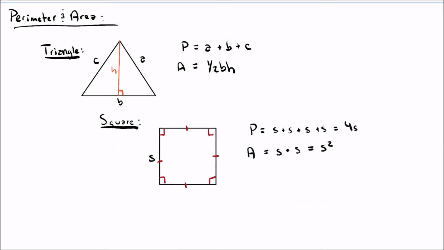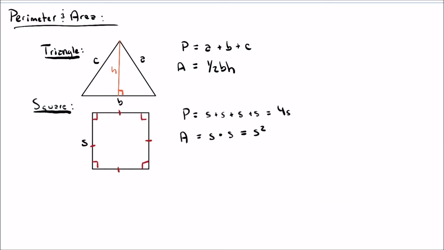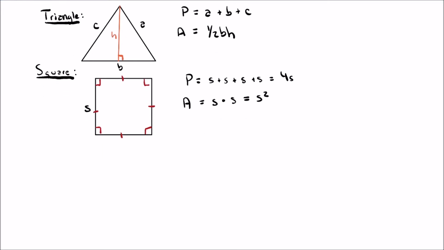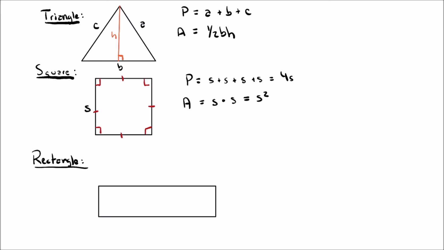So we can go ahead and move our square up just a little bit so we can fit in the rectangle. And our rectangle is like taking our square but elongating two of the sides. So we have a width of our rectangle and the length of our rectangle. All the angles are still going to be 90 degrees.